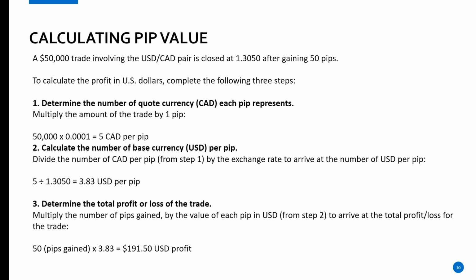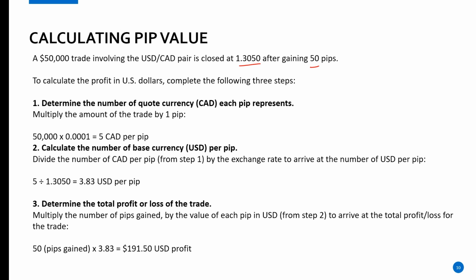So assuming you have a USD/CAD trade, so this currency is quoted in CAD, Canadian dollar. You have a 15,000 trade involving the USD/CAD, and the pair closes at 1.3050 after it has gained 50 pips. So how do you calculate your profit? This will be different from the example we just checked, because remember in the previous example the currency was quoted in USD.